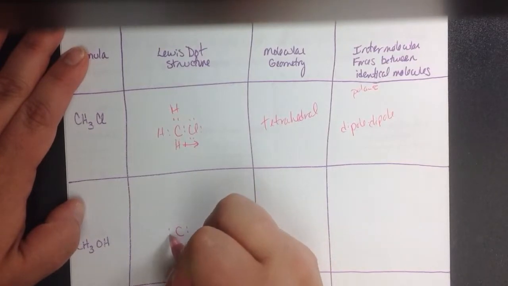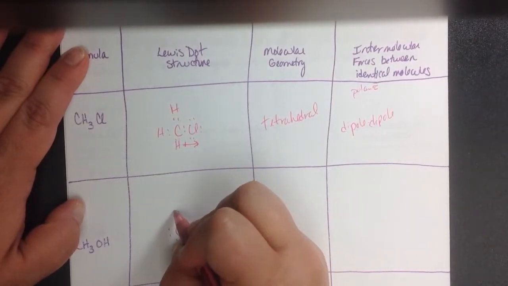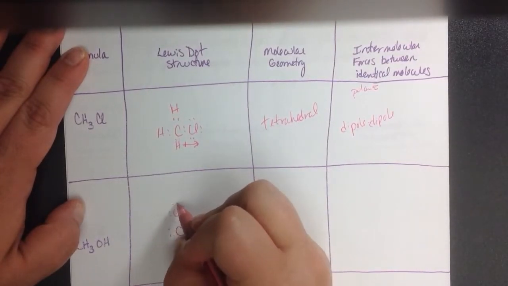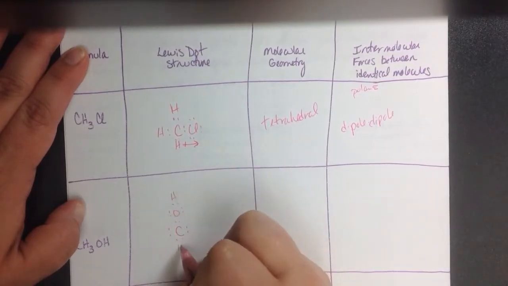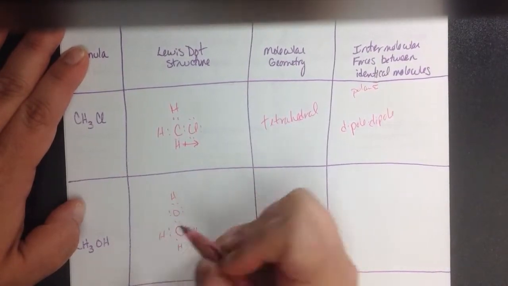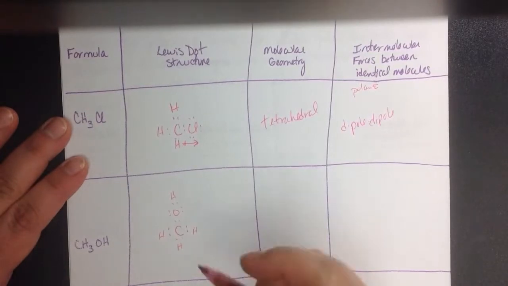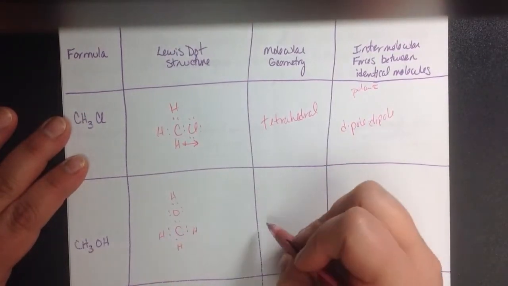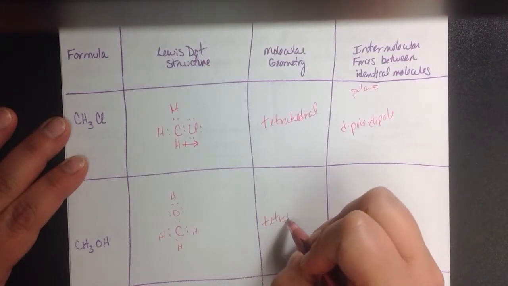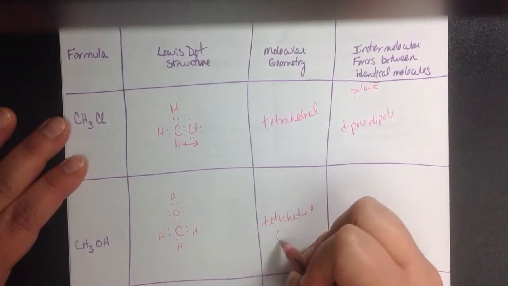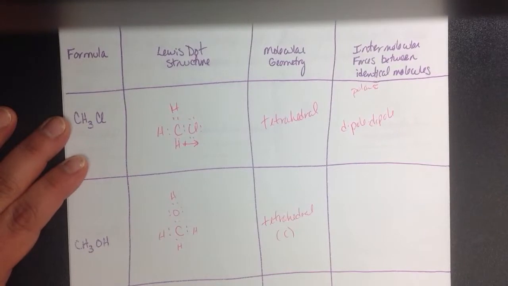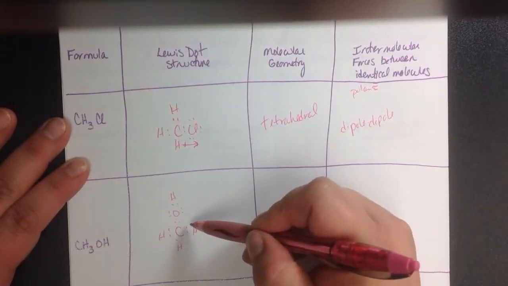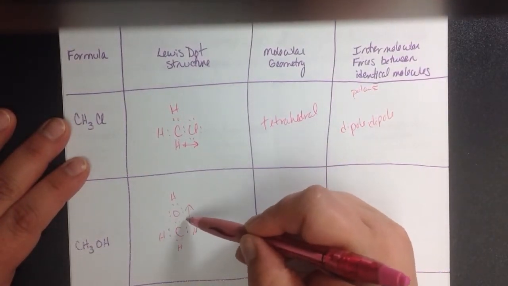Okay. I apologize, I didn't specify which one in this case to look at, but this is CH3OH. Around the carbon, that is tetrahedral. However, this is where the dipole moment is going.